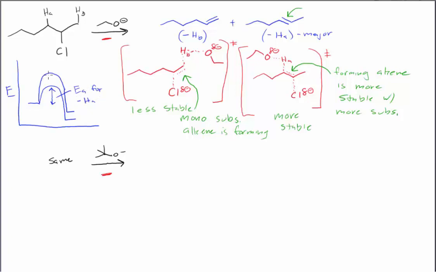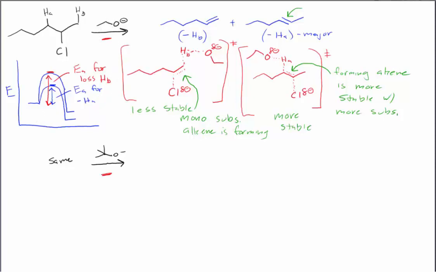And I'll use a different color to show you the EA for the loss of HB. And so we can see that the energy level of these two transition states is different. And so the loss of HA will form faster with this less hindered base.